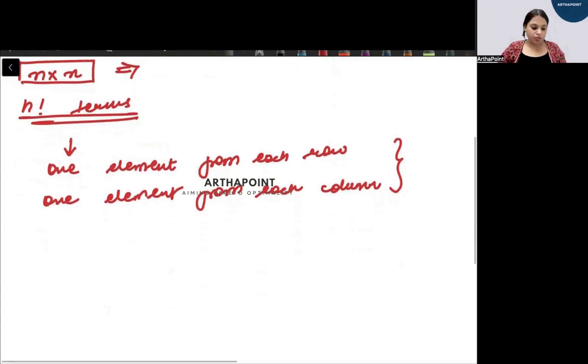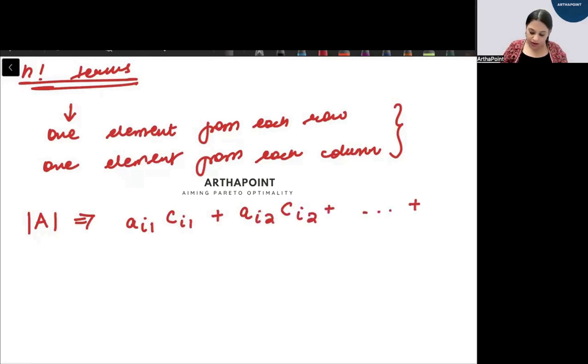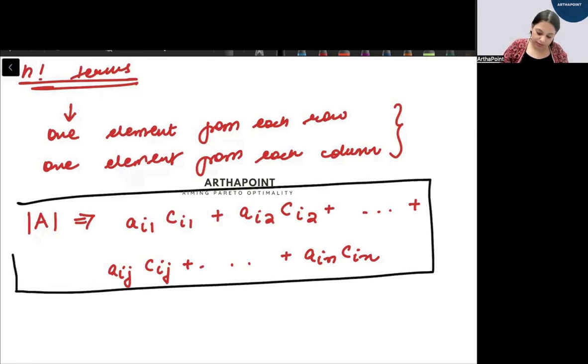One element from each row and one element of each column. तो in particular, अगर मुझे कभी भी किसी का determinant निकालना है, I can say it will be A_i1 cofactor C_i1 plus A_i2 cofactor C_i2 plus A_ij cofactor C_ij plus A_in cofactor C_in. ऐसे करके हम किसी भी matrix A के determinant को लिख सकते हैं. This is how we can write the determinant.